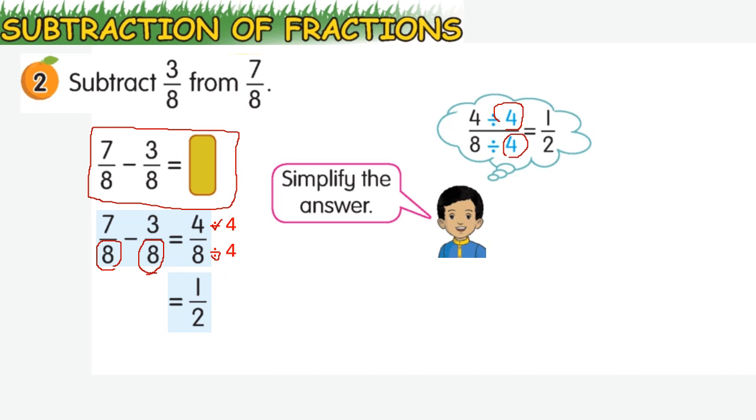So 4 divided by 4 is 1, 8 divided by 4 is 2. So 7 over 8 minus 3 over 8, the final answer is 1 over 2.